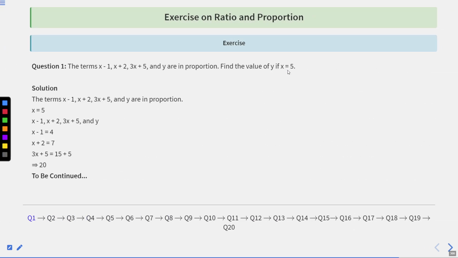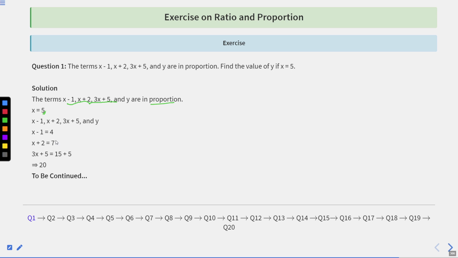So let us have a look over the solution. In this question, it is given that these terms are in proportion, and that x is equal to 5. We have to find the value of y.